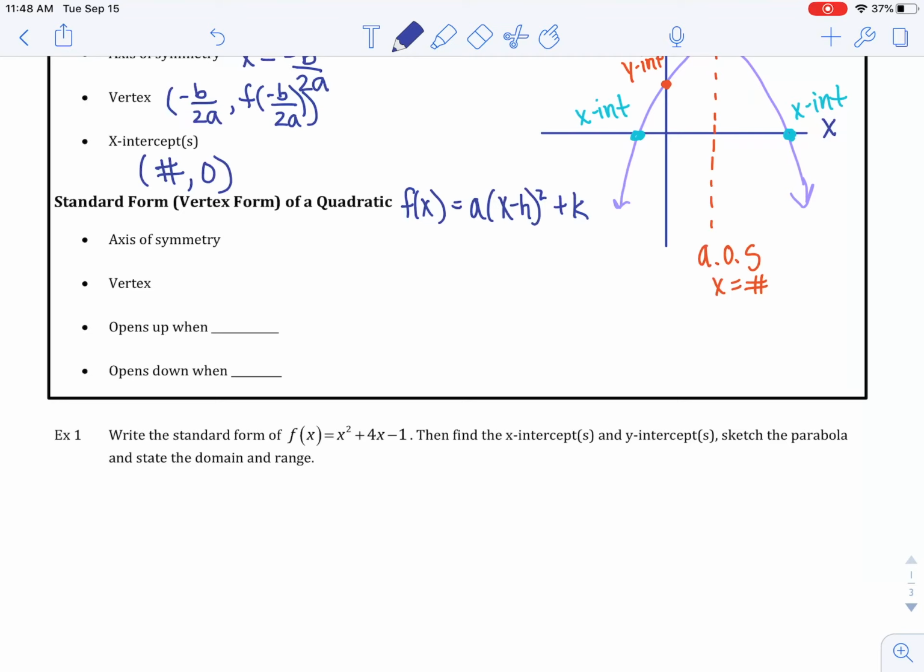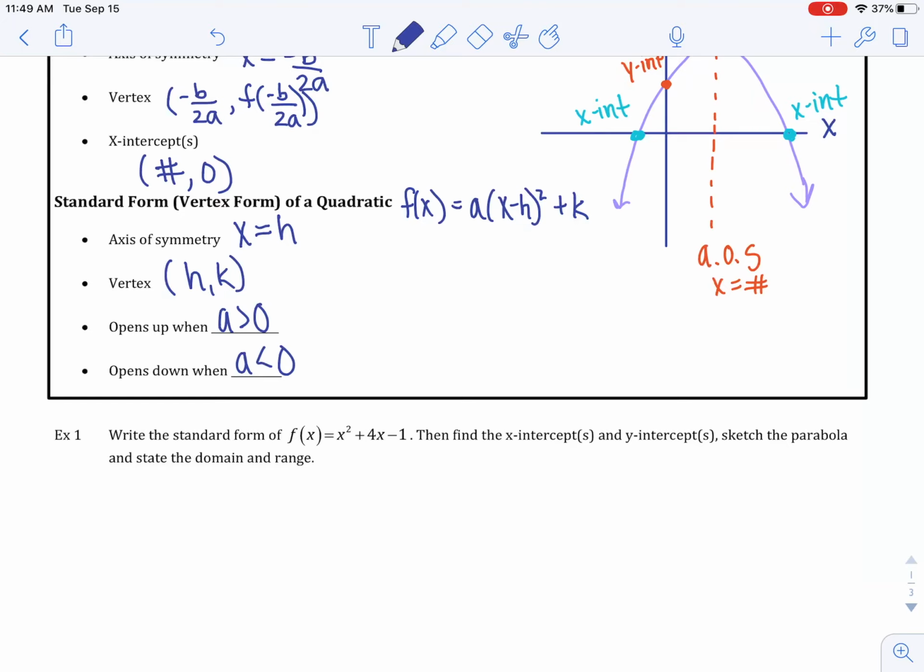So our axis of symmetry is the same thing as x equals h, though. Now our vertex is h comma k, so the opposite of the h. And then it's opening up when the a value is greater than 0, right? So not negative. And it's opening down when it's less than 0, so negative value.